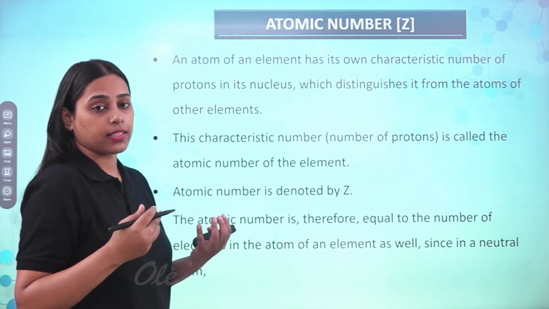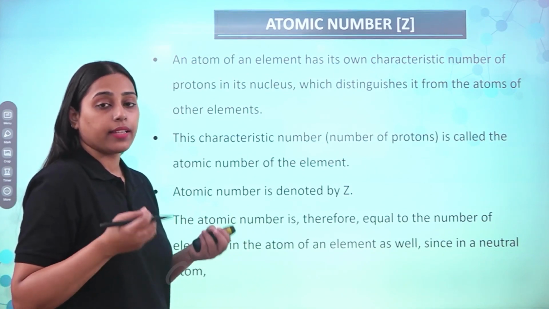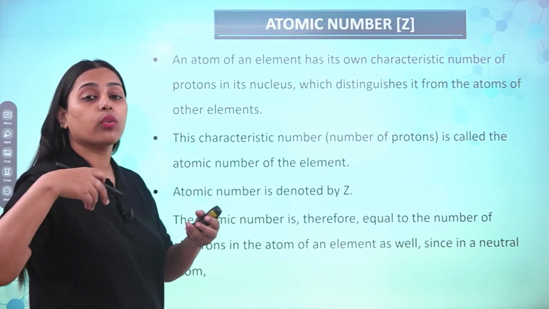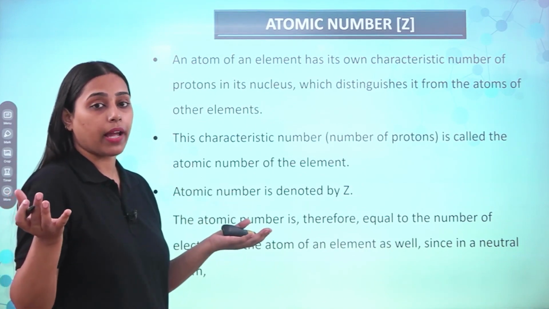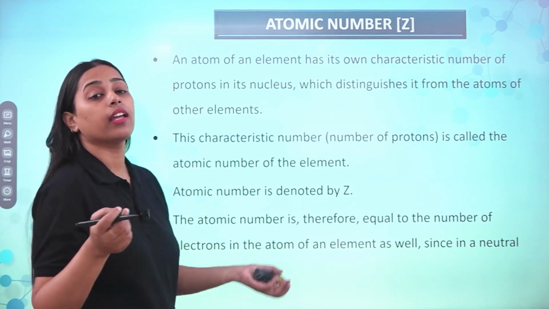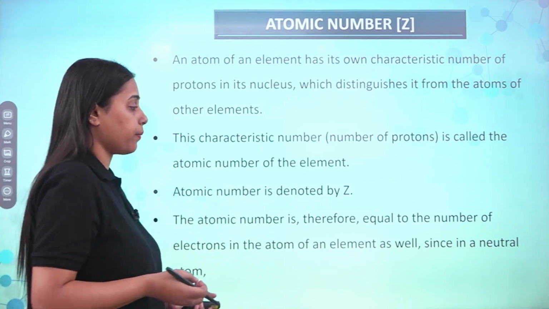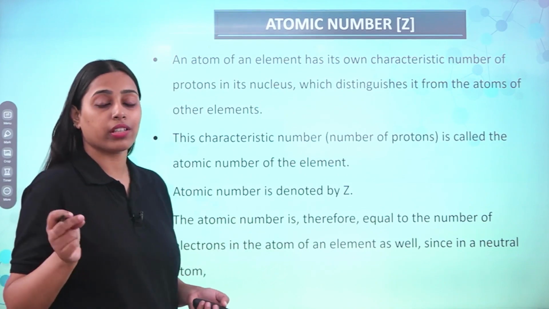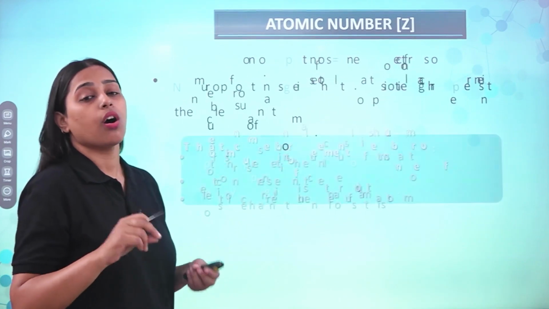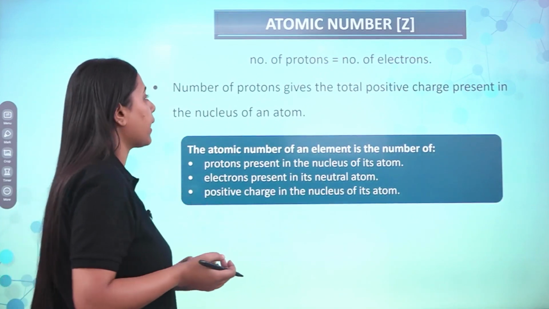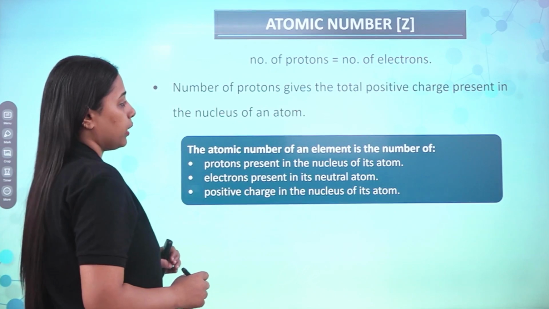Because protons have the same magnitude of charge as electrons but opposite sign, we can also say that the atomic number is the total number of electrons in an atom as well. So that constitutes the definition of atomic number: the total number of electrons or protons in an atom. The number of protons gives the total positive charge present in the nucleus of an atom.